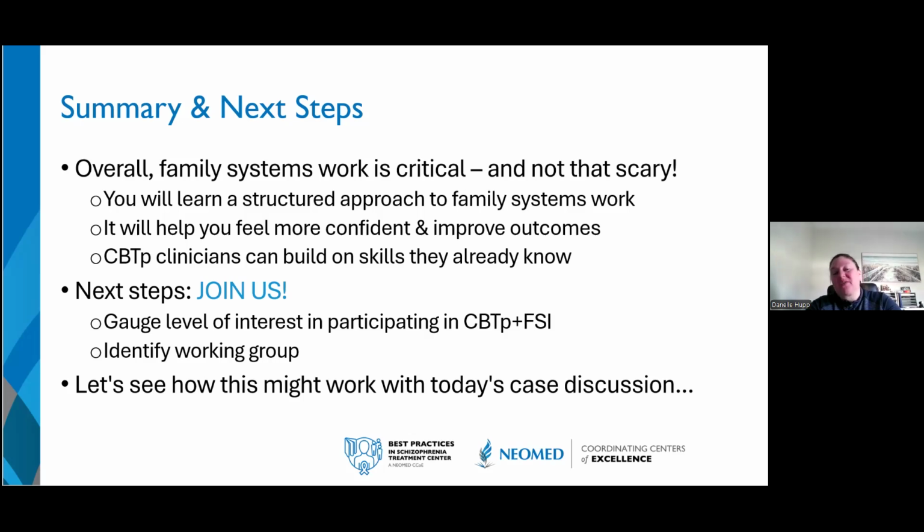And we're really just hoping those who are formally CBTp trained can build on skills they already know. So we're hoping to gauge the level of interest in the group for participating in some of this. And then we want to identify a little working group to get some of your feedback, some of your great ideas, things that you'd like to see, things that are really helpful, both content and approach wise, so that we can pick your brains a bit as we are working to develop this curriculum.